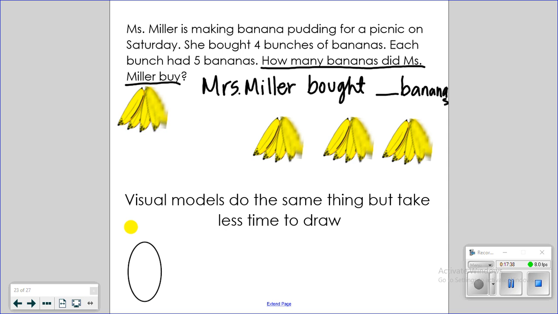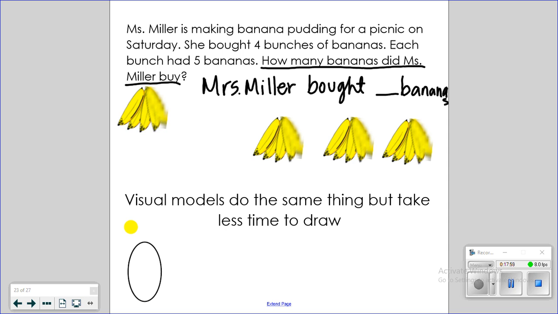1, 2, 3, 4, 5. Make sure each bunch has 5 bananas on it. That is important. Okay, so this is the part where you're drawing bananas, please.